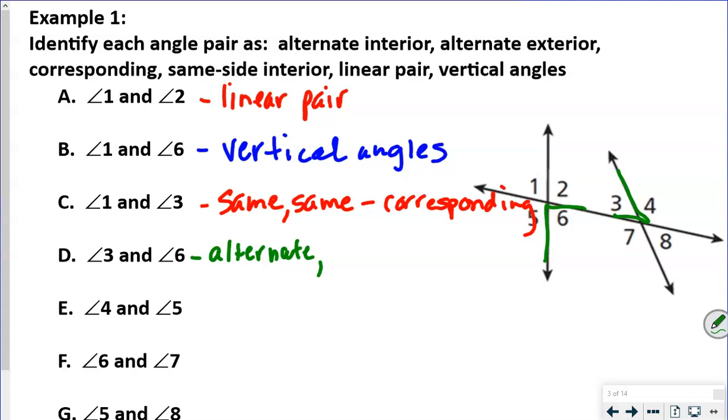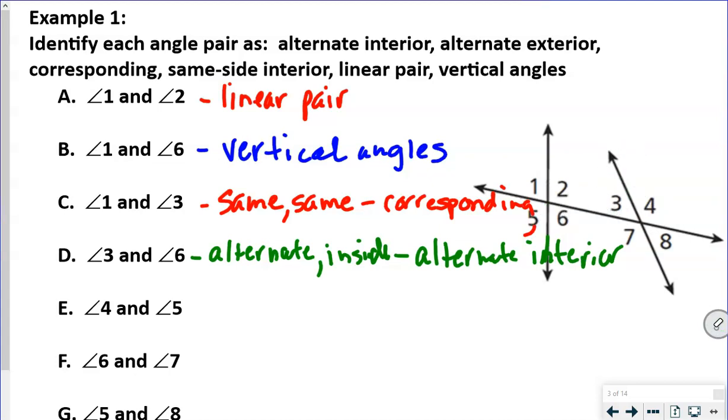Alternate sides of the transversal and inside the parallel lines, okay? So this is alternate interior angles. So I'm going to keep going.